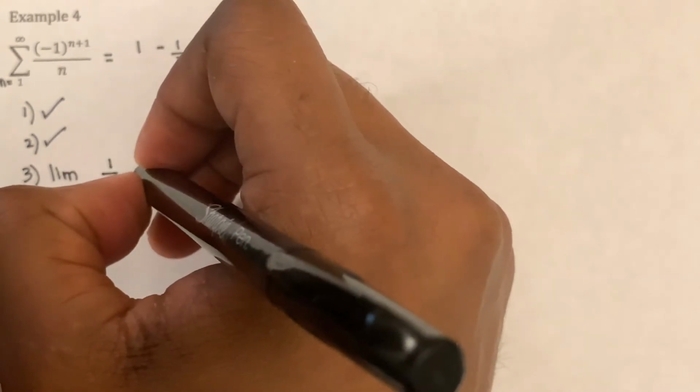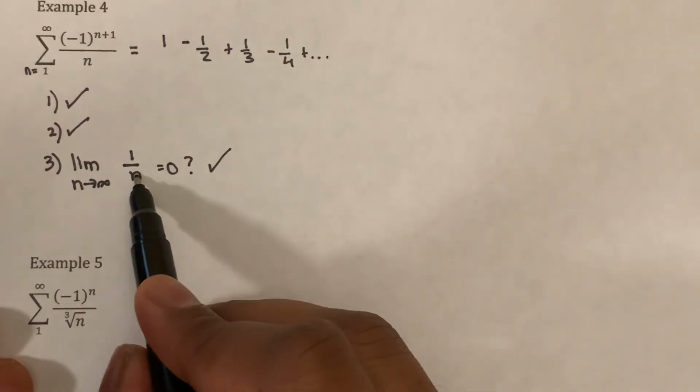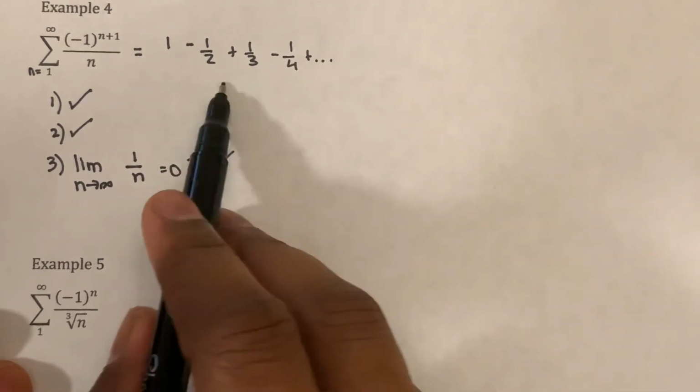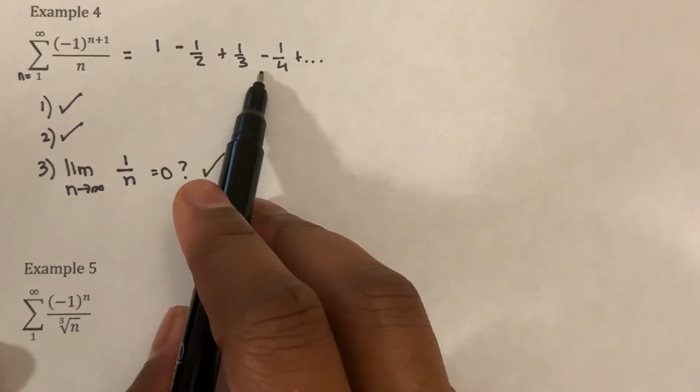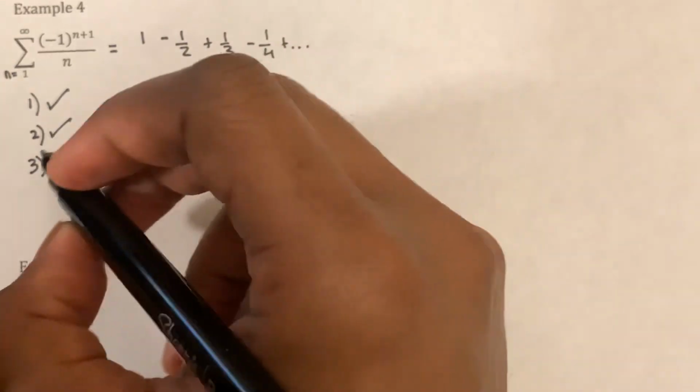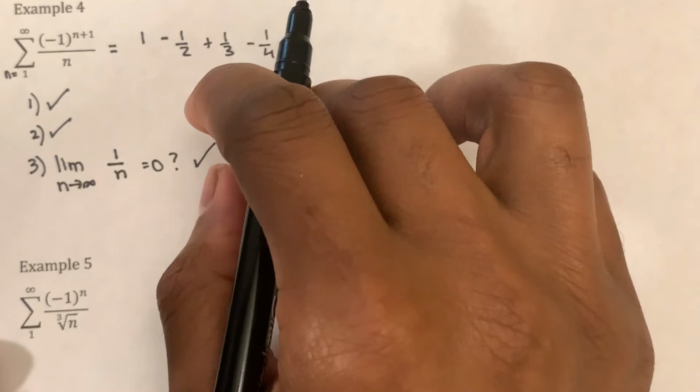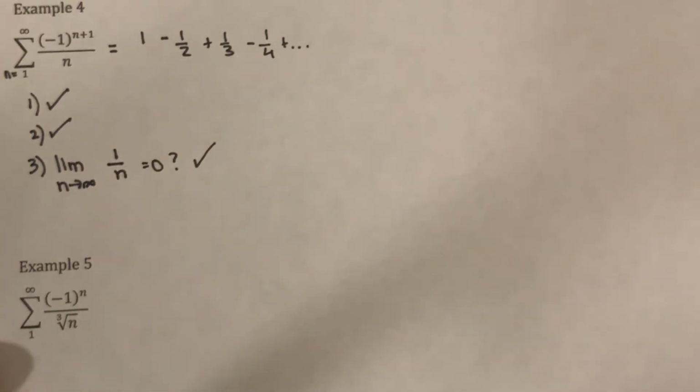And 3, is the limit as n approaches infinity of 1 over n equal to 0? The answer is yes, because you have 1 divided by a very large number, which is going to be 0. Now this is just literally the definition of an alternating series. So right now we have at least convergent by the alternating series test, which is going to mean at least conditionally convergent.